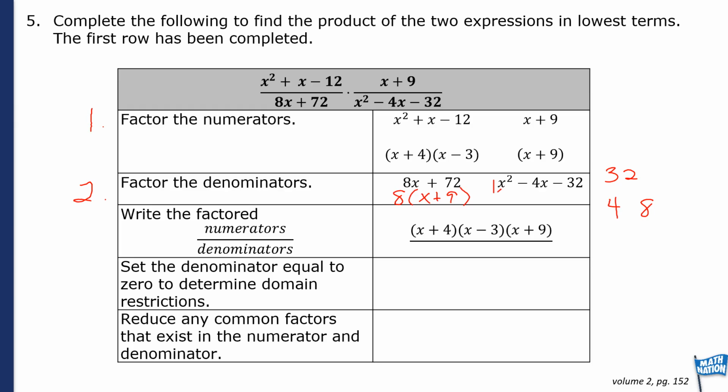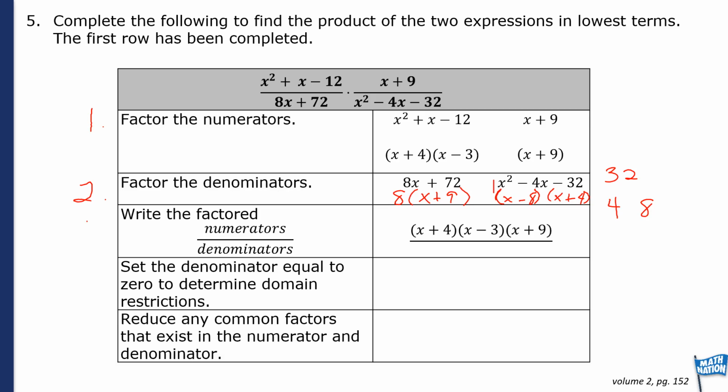So we know we need to have two parentheses. Both have an x in it. And because that middle term is a minus 4, I know my 8 is going to be minus and my 4 is going to be plus. So that is factored.